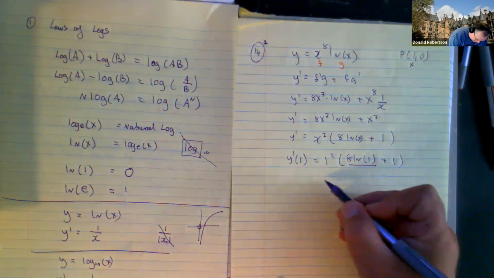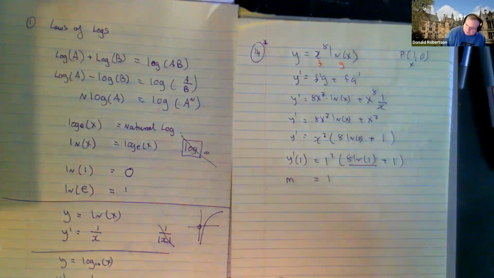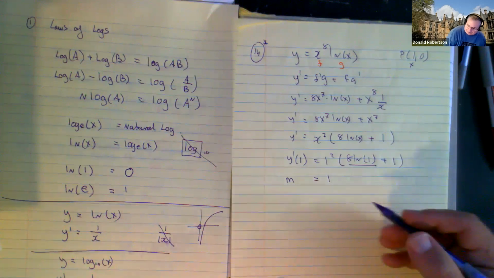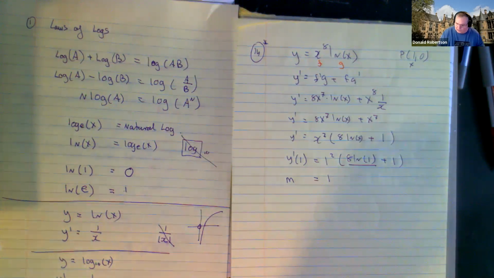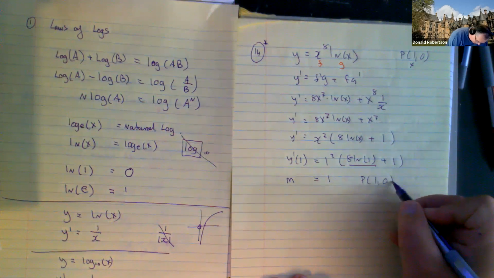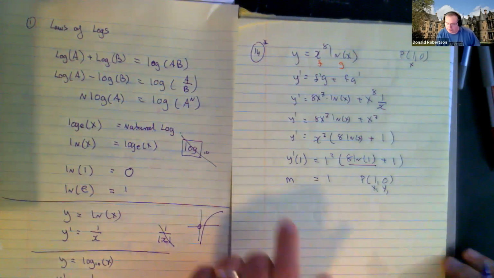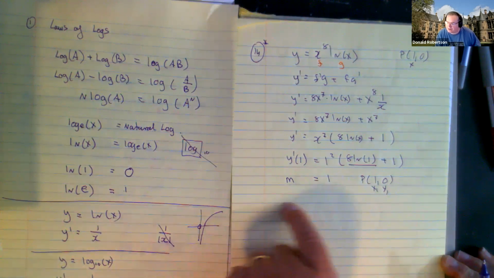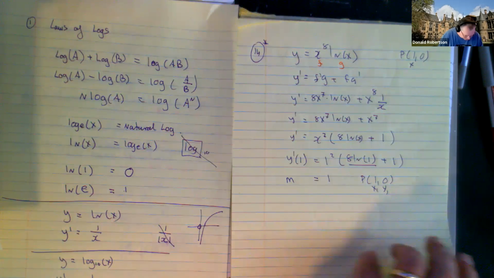And there isn't, because isn't the answer just 1 times 1, which is 1. So the slope is just a nice number. I thought it was going to be 8 log something plus 1 or whatever. And I'm thinking, what the heck is going on there? But it isn't. Right, so if we call this guy x1 and y1, and can I leave it there? Wouldn't you just do the y minus y1 thing and off you go? Nothing to see here.